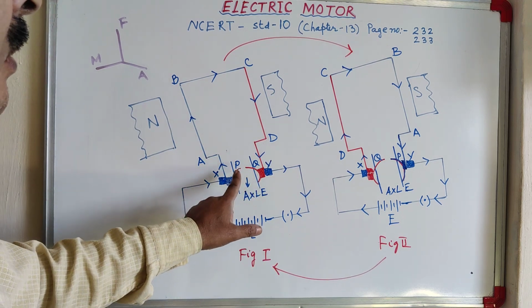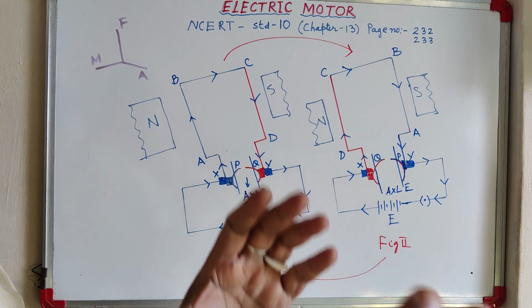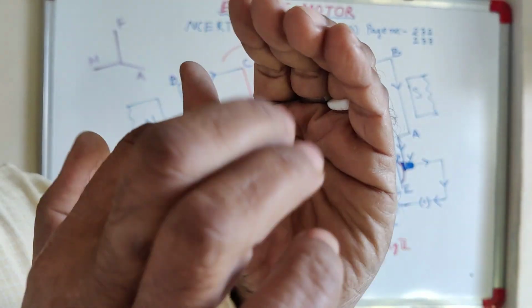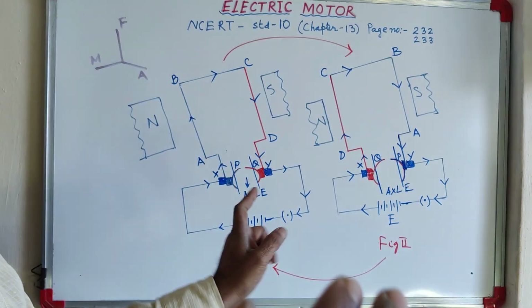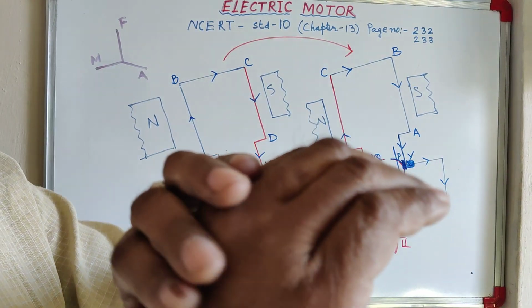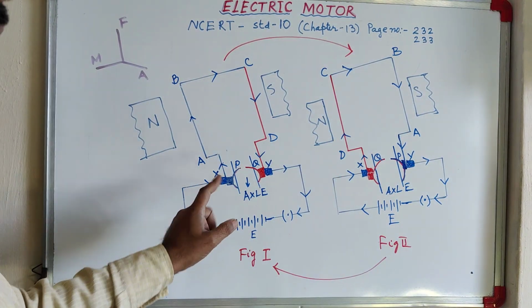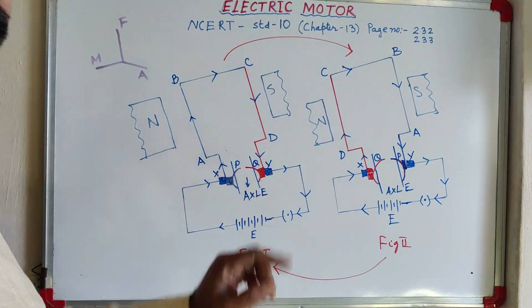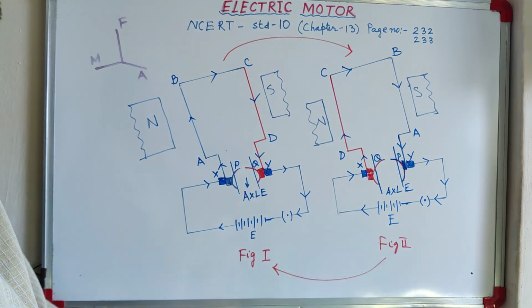Now the inner side of the split ring is attached to one axle. It can rotate freely. And the outer side is very tightly touched with the brass X and Y. So it can get the continuous electrical supply.